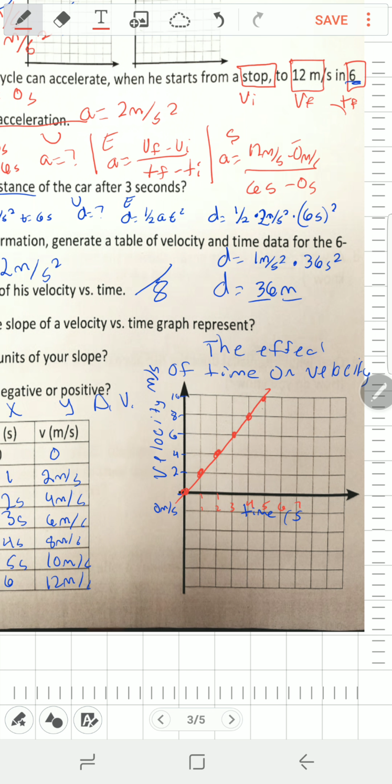So that would be the correct graph. I got 1 point for my title, 2 points for my label and units, another 2 points for my label and units, 1 point for my scale, 1 point for my scale here. That's a total of 7 points, and then I drew the correct line. That's 8 of my total points.